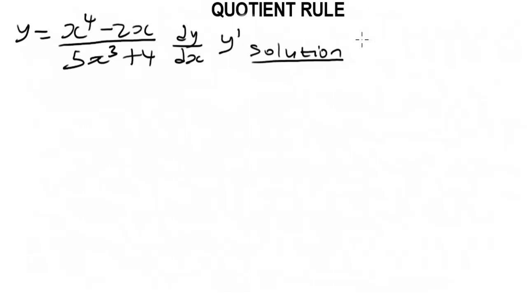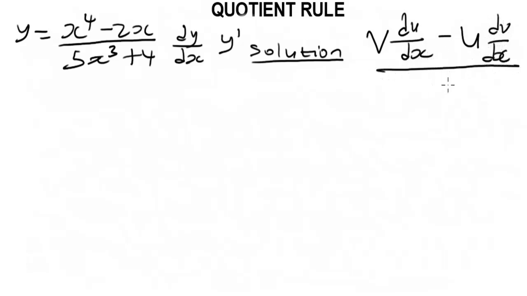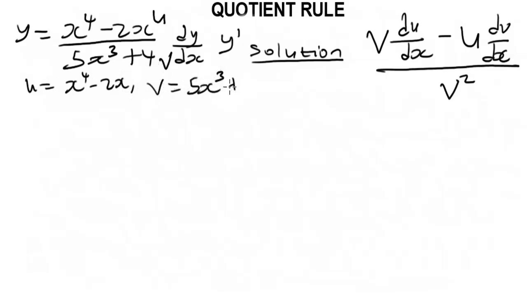The formula is v du over dx minus u dv over dx, all over v squared. Our u is usually our numerator and our v is our denominator. So u equals x raised to the power 4 minus 2x, and v equals 5x raised to the power 3 plus 4.